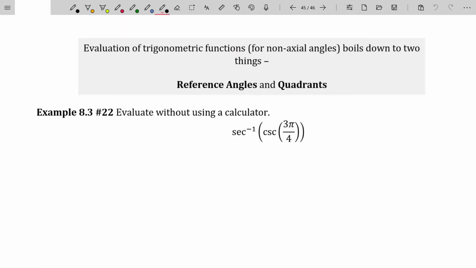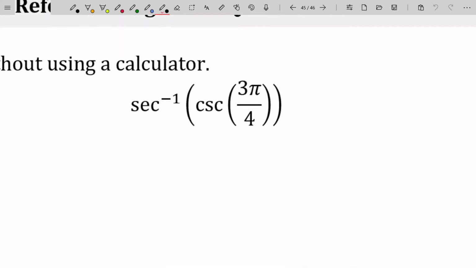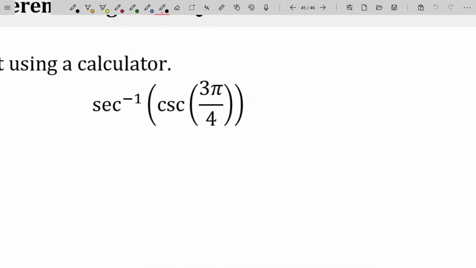So let's try something slightly different. What about the secant inverse of the cosecant of 3 pi over 4? Okay, so this is going to take just a little bit of thought here. I'll write it this way. This is secant inverse of the cosecant of 3 pi over 4.